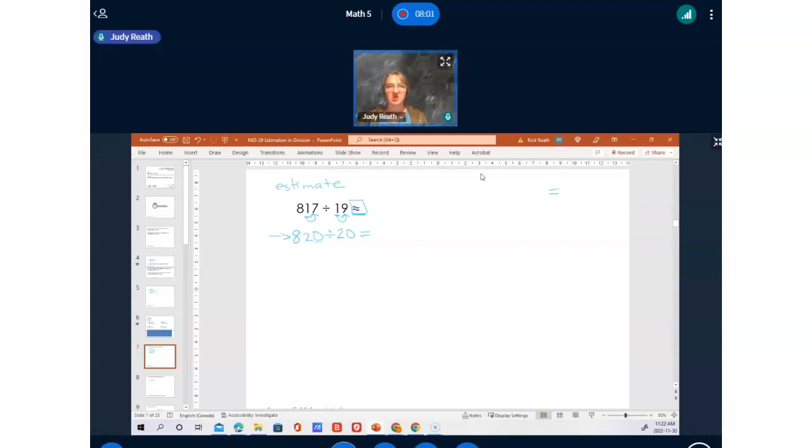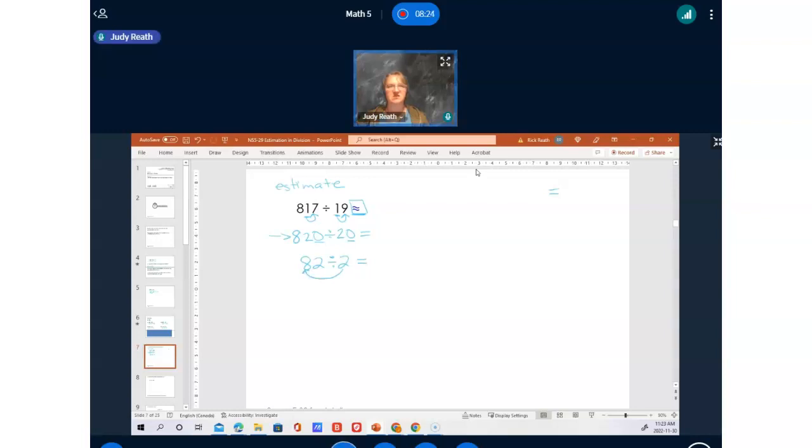Now look again. Since we estimated, now we have zeros in the ones place. So we can divide by 10 for the dividend and the divisor to get 82 divided by 2. And again, we're going to find the exact answer for this.